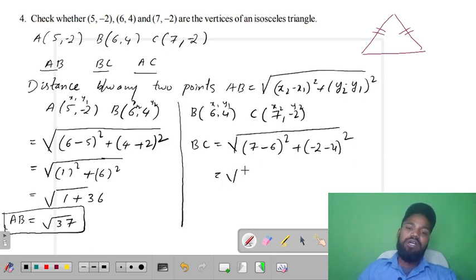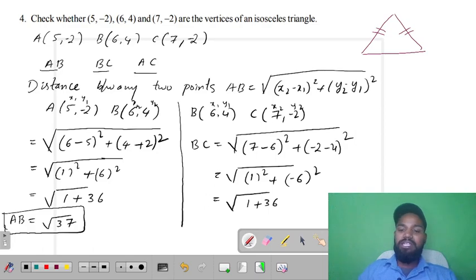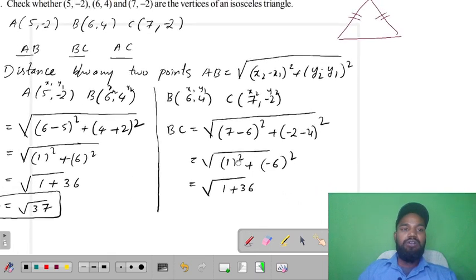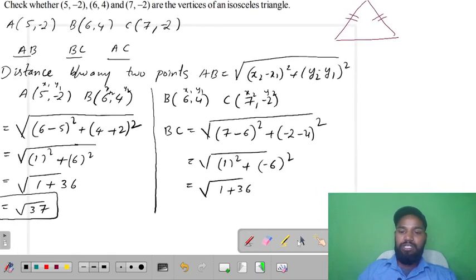That equals under root (7 minus 6) which is 1, plus (minus 2 minus 4) which is minus 6, whole square. That is under root 1 plus 36, which is 37. So side BC equals root 37.